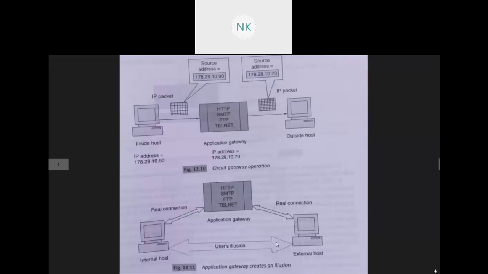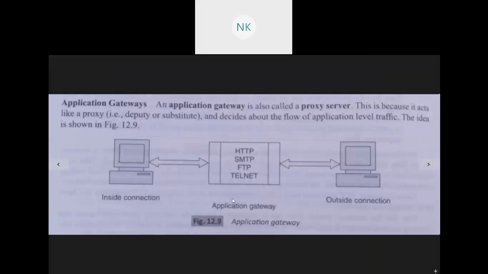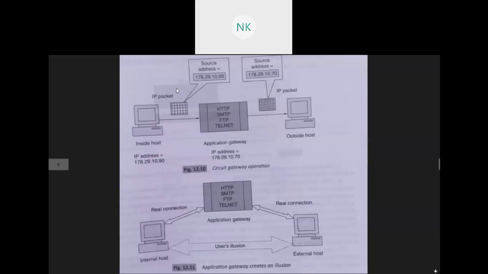Depending upon the gateway, there are various types of functions. So the application gateway is communicating on behalf of the user to the server. Clear?